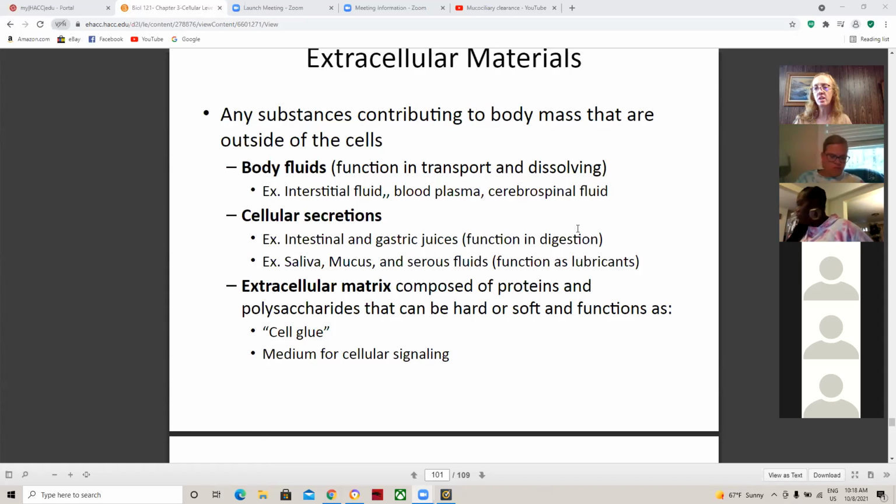Cellular secretions, such as intestinal and gastric juices, function in digestion. Saliva, mucus, and serous fluids function as lubricants.